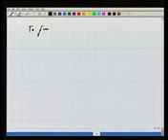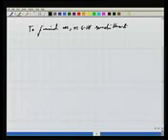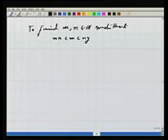Well, it means this, that I need to find m and n such that nx is less than m and this is less than ny.